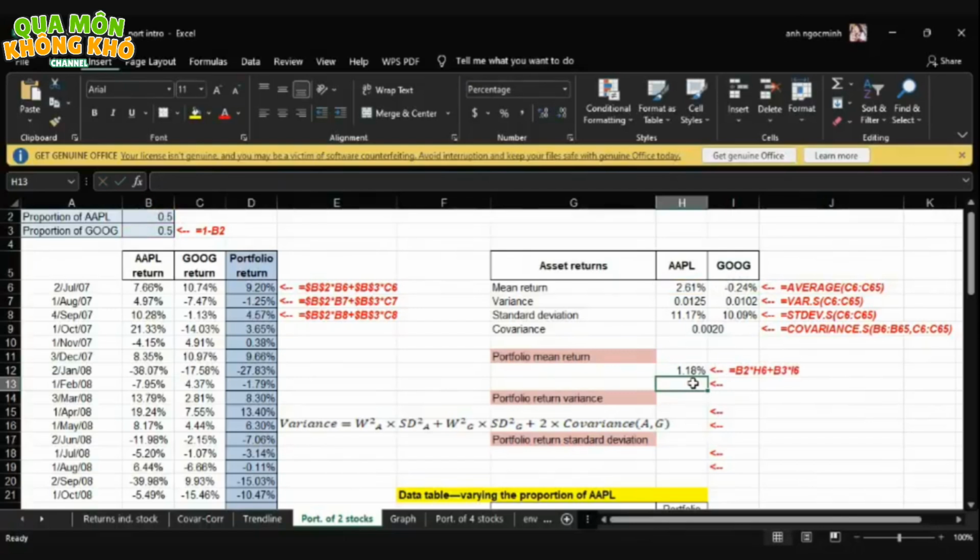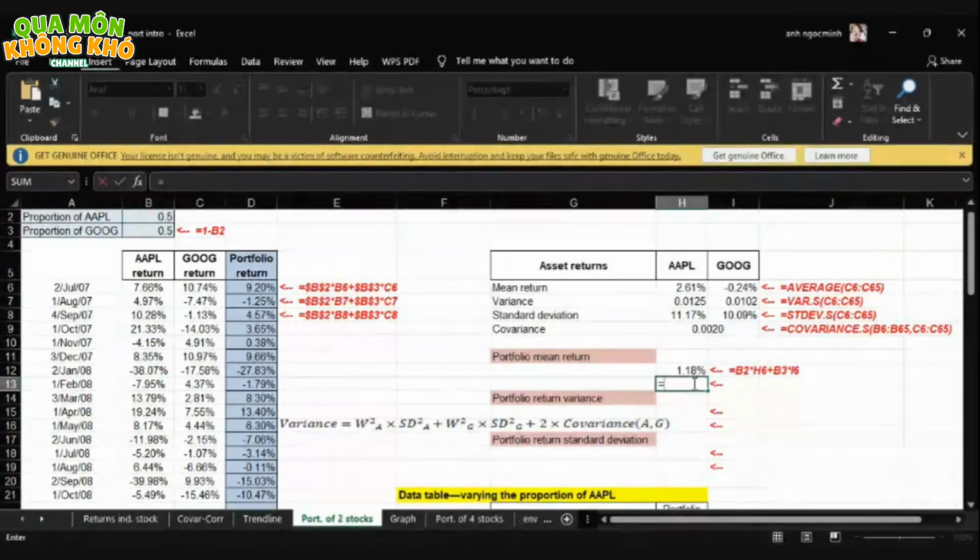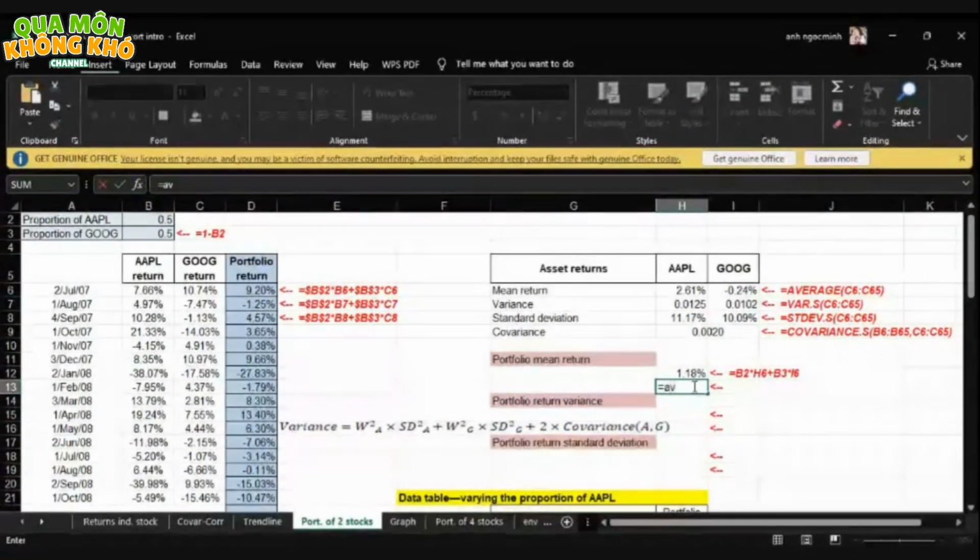And the second way is to use the average function on the sample. Then we can use average for this.